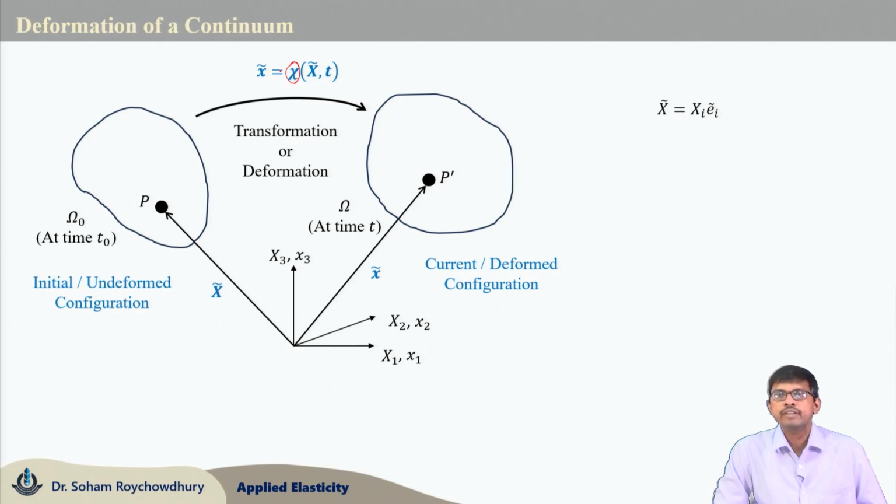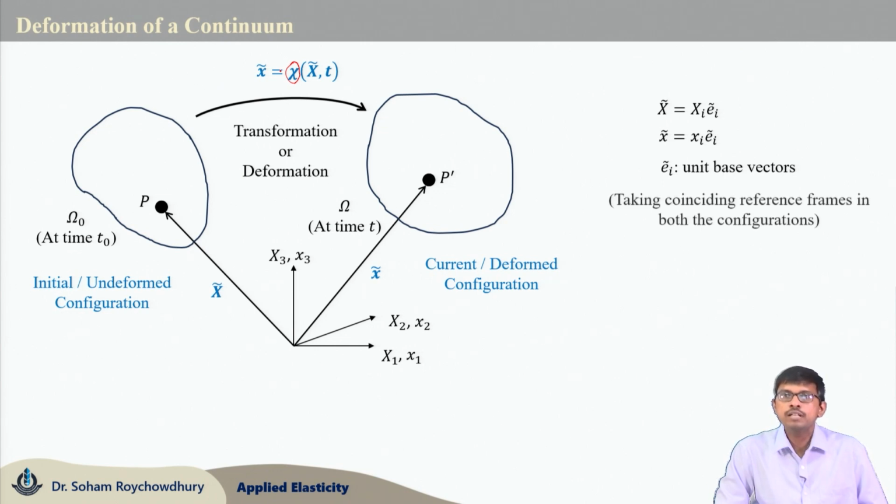Now capital X vector is capital Xi ei, whereas small x vector is small xi ei, ei being the unit vectors for both undeformed as well as deformed configuration. We are choosing the coinciding reference frame in both initial as well as current or deformed configuration.